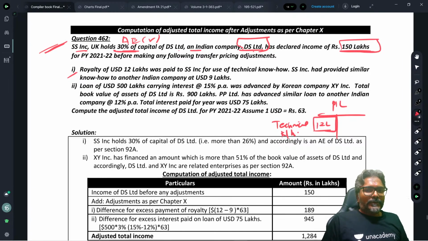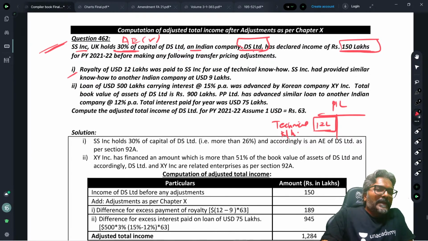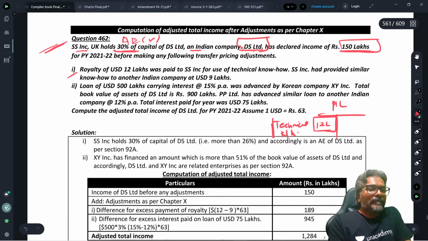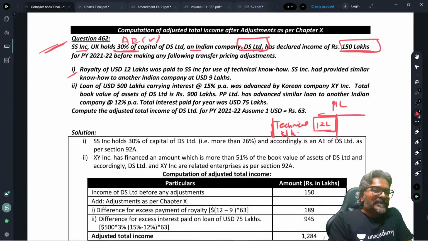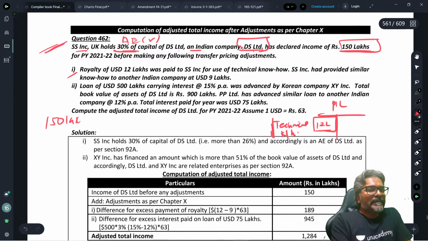Thereafter, SSINC Inc. had provided similar know-how to another Indian company at US dollar 9 lakhs. So it means there is an excess debit in the international transaction, and by virtue of the excess debit, the declared profit is reduced, isn't it?